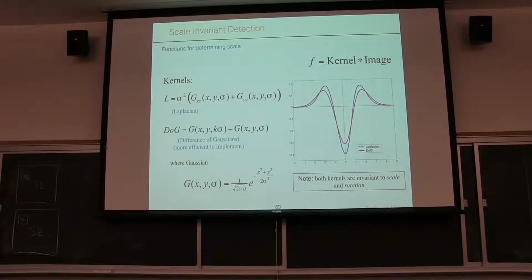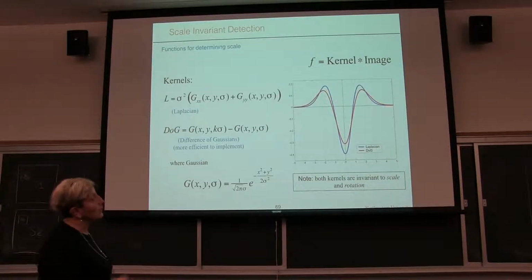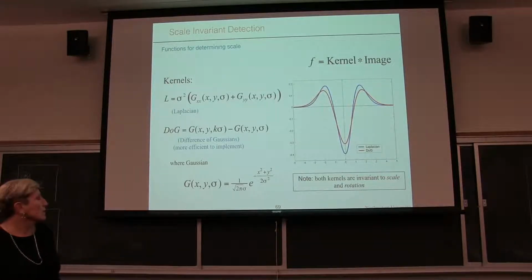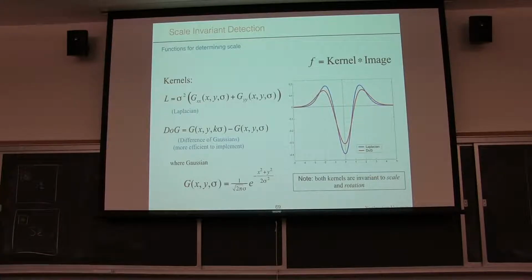Here in blue, you have a one-dimensional Laplacian of the Gaussian for a given sigma, I think sigma 1 here, and the one in red is the difference of Gaussians. You see it's clearly not the same, there are gaps over here and over there, but the behavior of this function as a first approximation is not too bad.